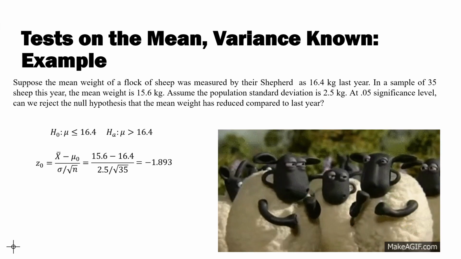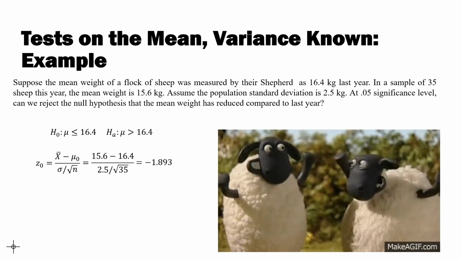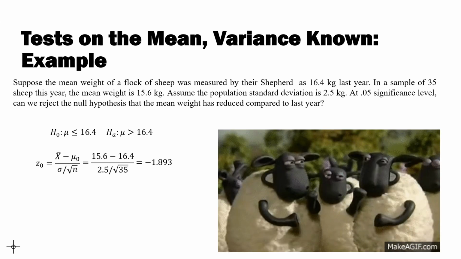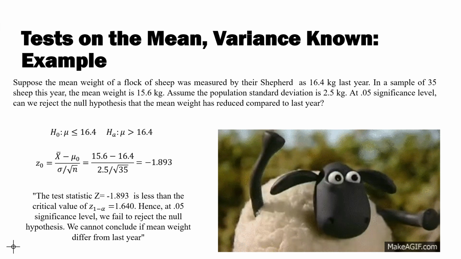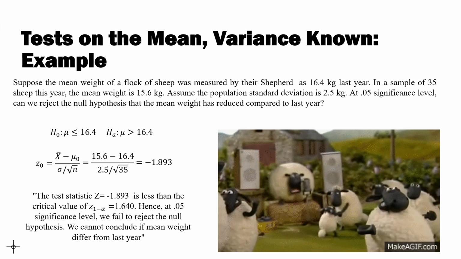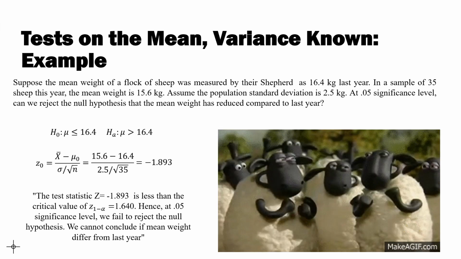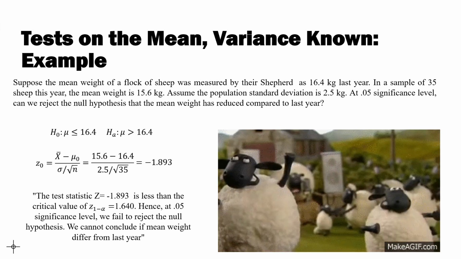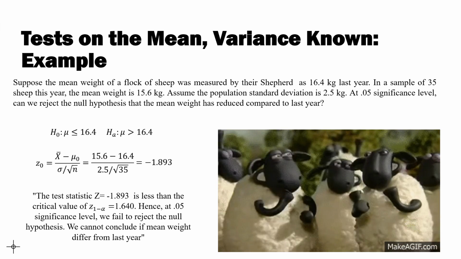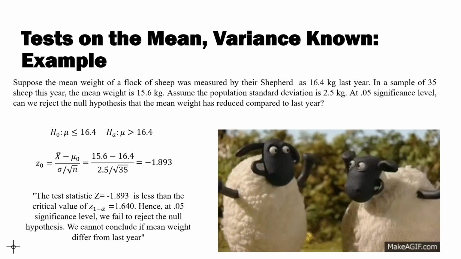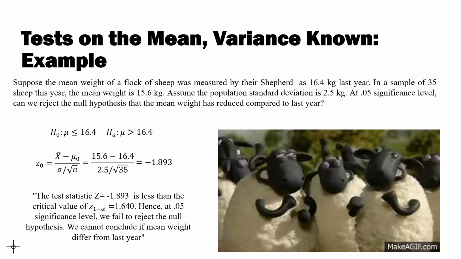Next, we need to use a rejection method. If we use the rejection region approach, we need to find z-value of 1 minus alpha or z of 0.95, which is 1.64. Our rejection region is 1.64 to positive infinity. As our z-test does not fall into the rejection region, we fail to reject the null hypothesis.